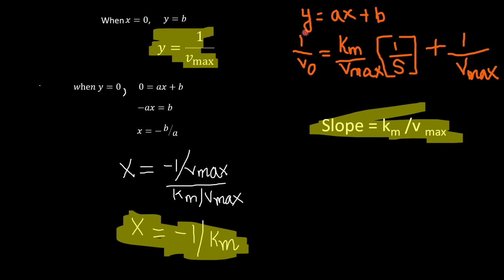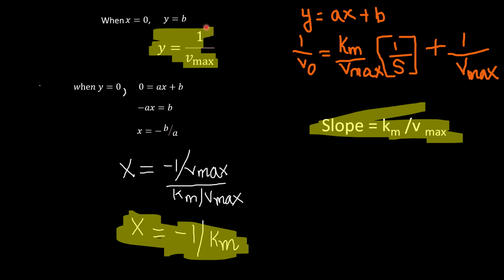Similarly, when y equal to 0, 0 equal to ax plus b, that is minus ax equal to b. x is equal to minus b by a. Minus b is minus 1 by Vmax, and a is Km by Vmax. Vmax is common, so we get x is equal to minus 1 by Km. The slope is a, which is Km by Vmax.